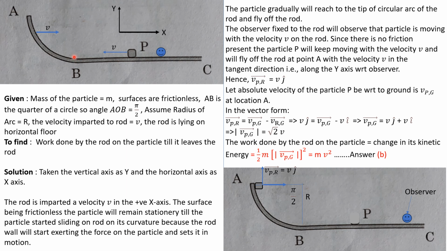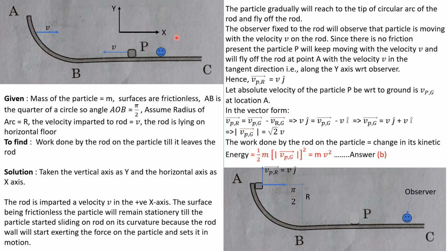So the particle will keep going along the curvature of this rod, and finally when it reaches A, it will break off or fly off from point A of the rod.